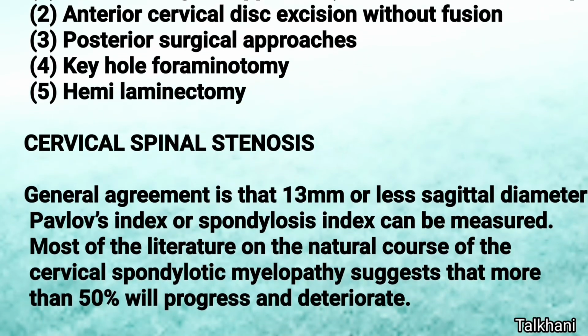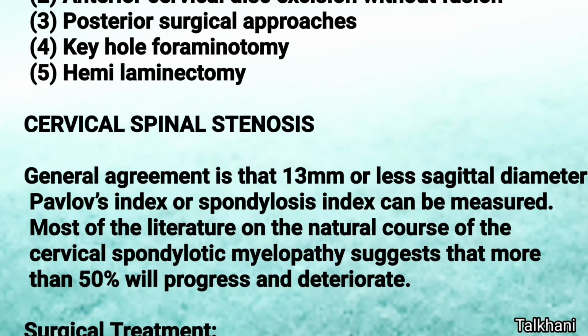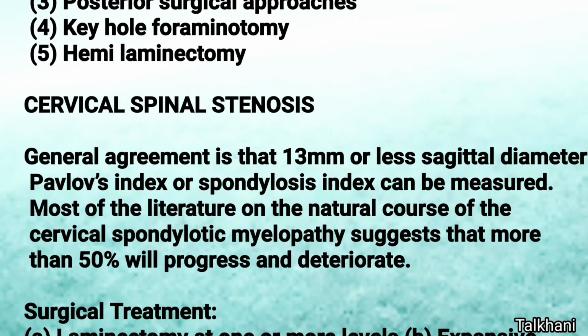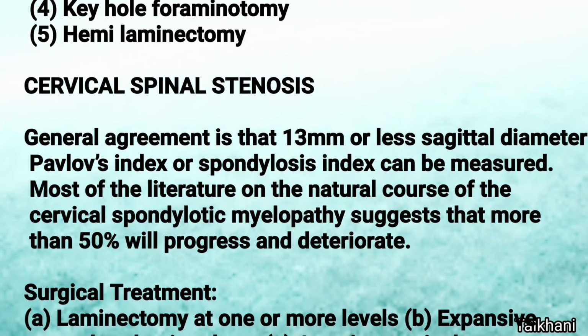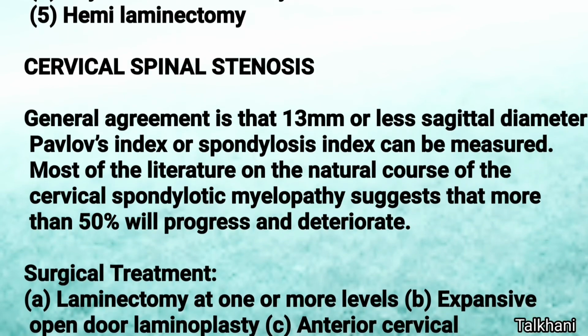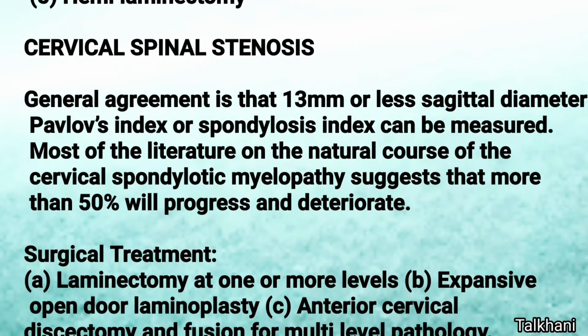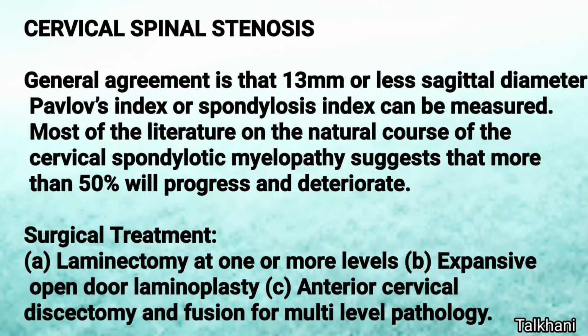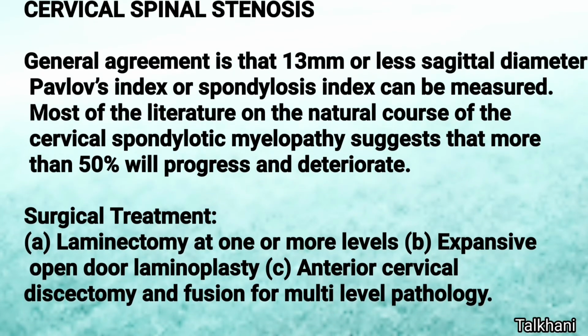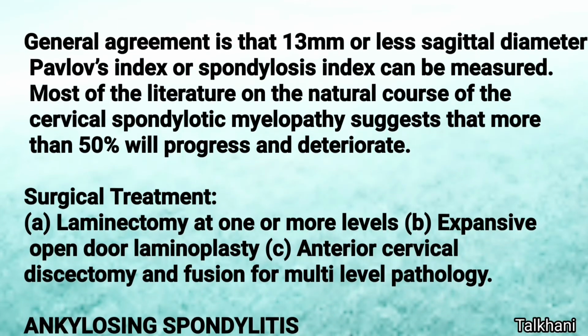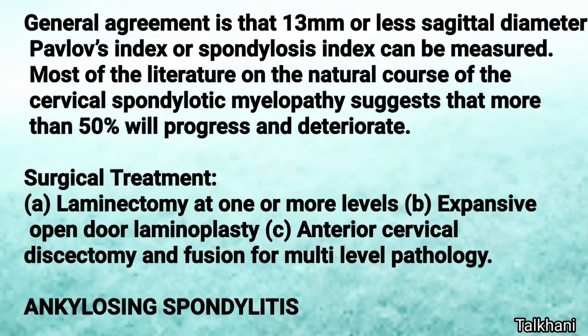Cervical spinal stenosis. General agreement is that 13 millimeters or less sagittal diameter of the spinal canal from C2 to C7 is abnormal. Pavlov's index or spondylolisthesis index can be measured.